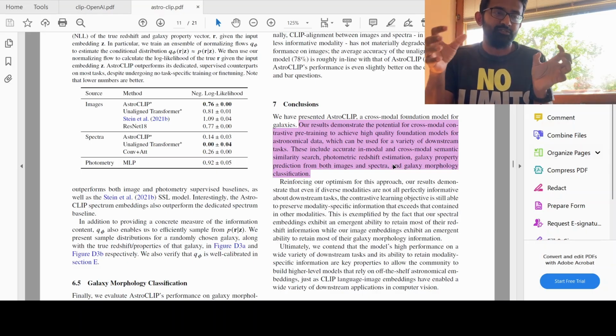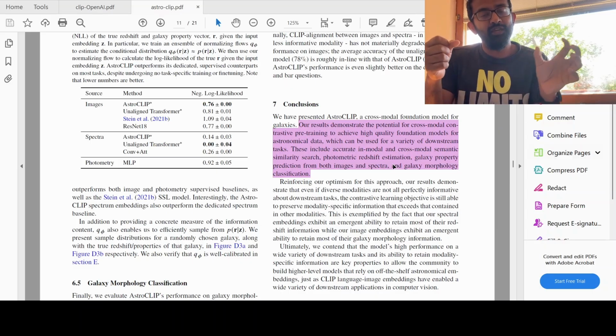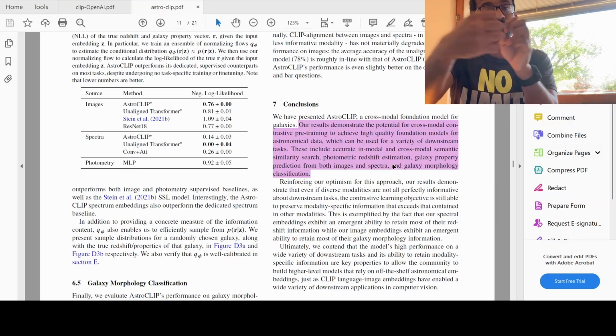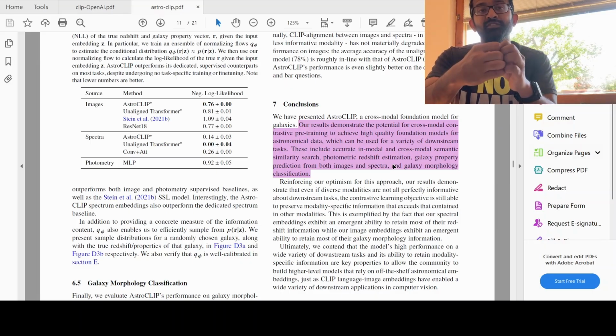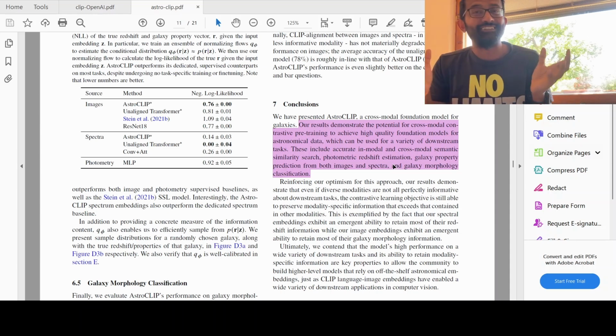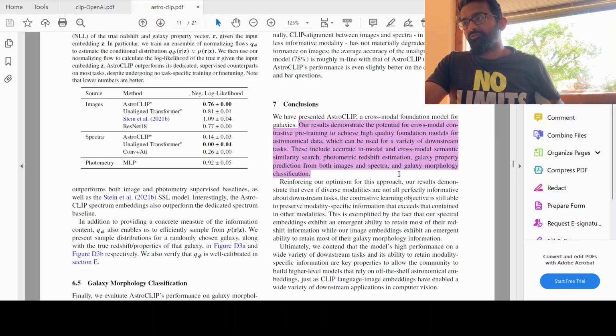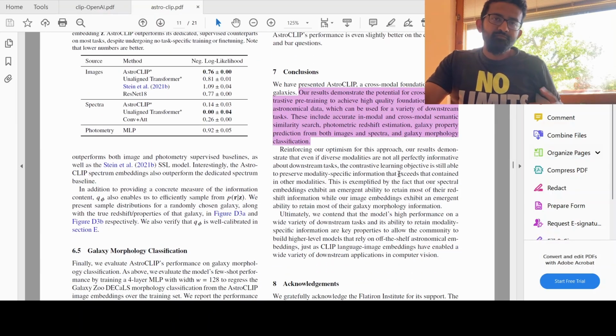The model was trained to just learn the representation of images and the spectra and bring them together when they are representative. That is so cool, okay? That is super cool. Okay, so this includes accurate in-modal and cross-modal semantic similarity search, photometric redshift estimation, galaxy morphology classification, etc. And that's it.